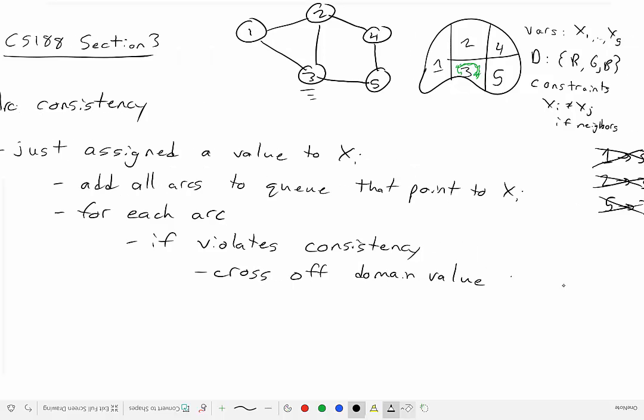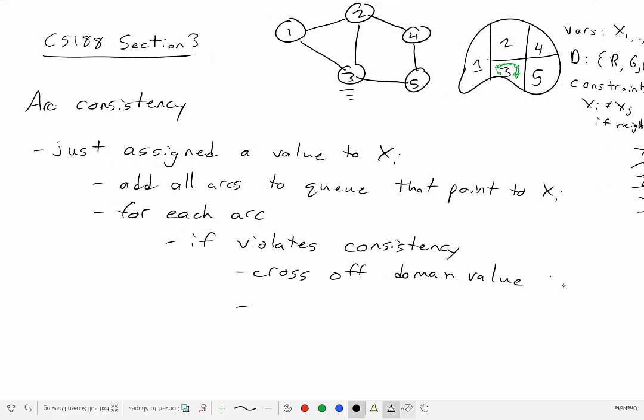And then this is where arc consistency differs from forward checking. We add all arcs that point to this tail.